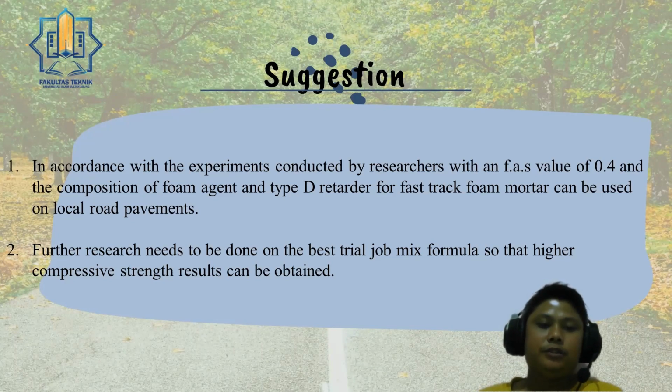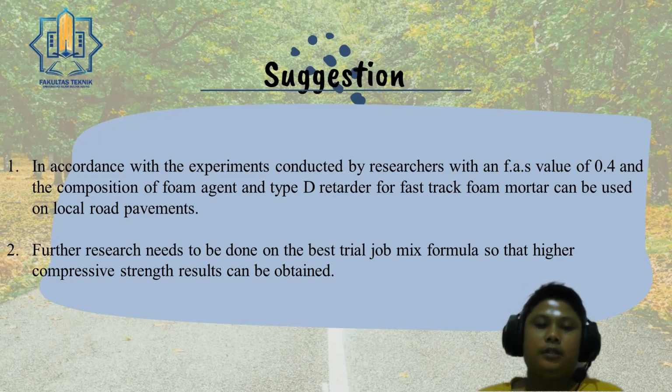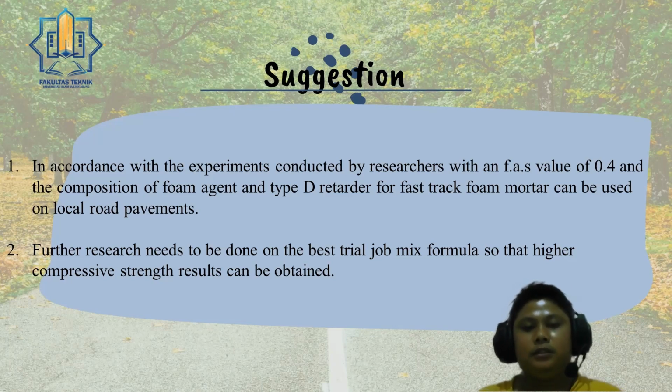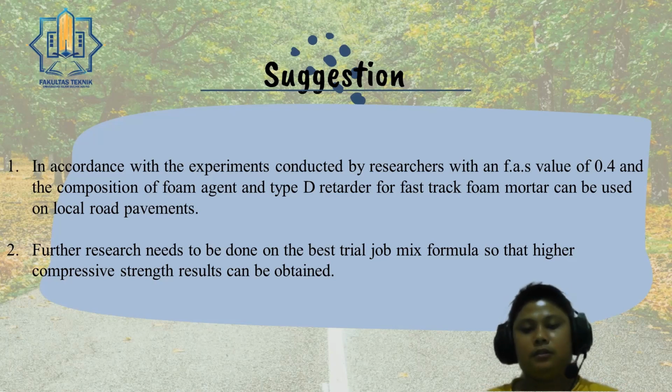Further research needs to be done on the mixing formula so that higher compressive strength results can be obtained. If we did not try this research, we could not know what the combination of foam agent and recharger could do, and we could not know the best quality of this process.